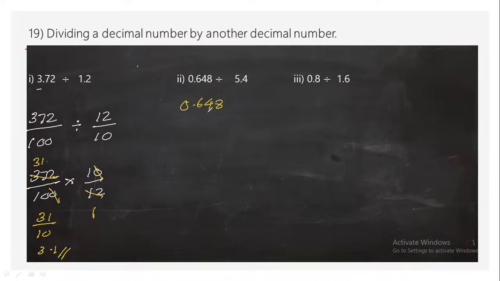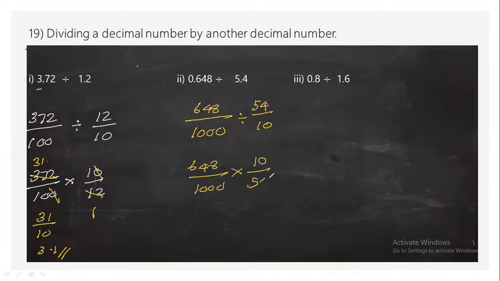0.648 divided by 5.4. Then the denominator contains how many zeros? 3 zeros. Then 648 over 1000, divided by 54 over 10. Now multiply this thing. Here the division sign is here. With the multiplication sign, you have to write the reciprocal, 10 over 54.